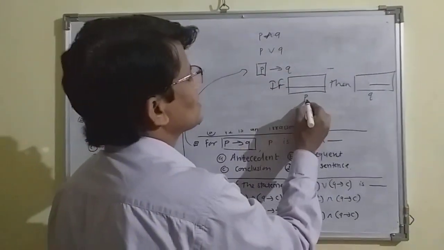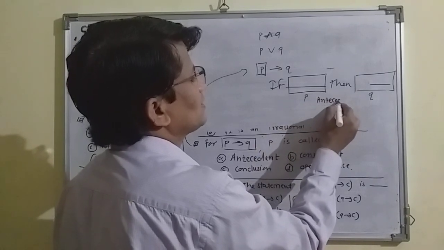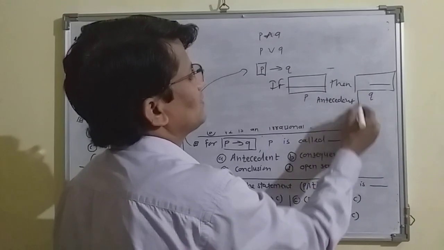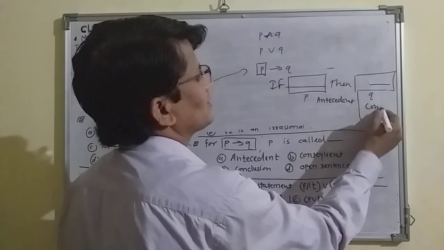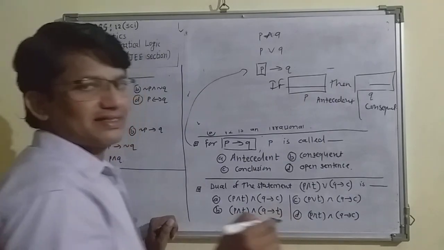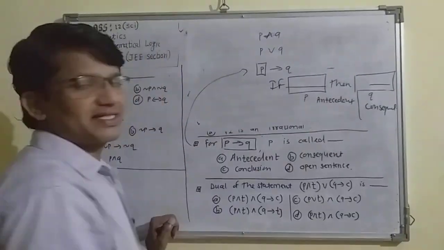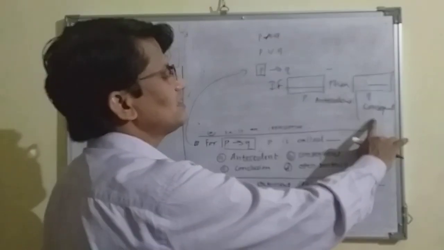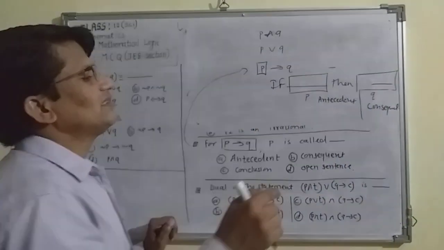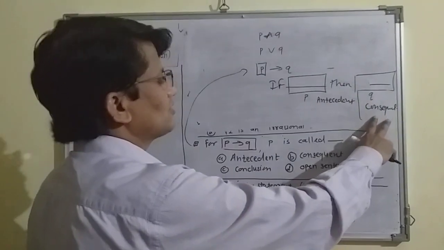Here I am writing: P is called antecedent and Q is called consequent. Or we can say there is another word for antecedent, this is hypothesis, and Q is conclusion. These are two different words for antecedent and consequent.